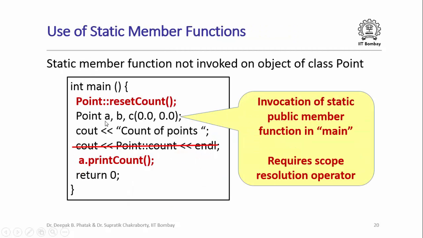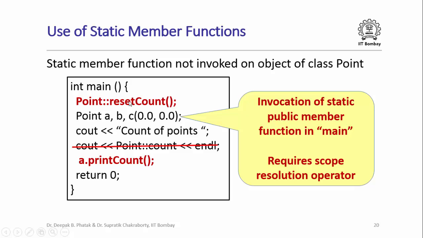Now inside my main function, I'm first going to call this static member function reset count. Recall that it is not associated with any particular object of class point. So this is how I'm going to access it. I'm going to say, please invoke the member function reset count of the class point. This is the scope resolution operator.